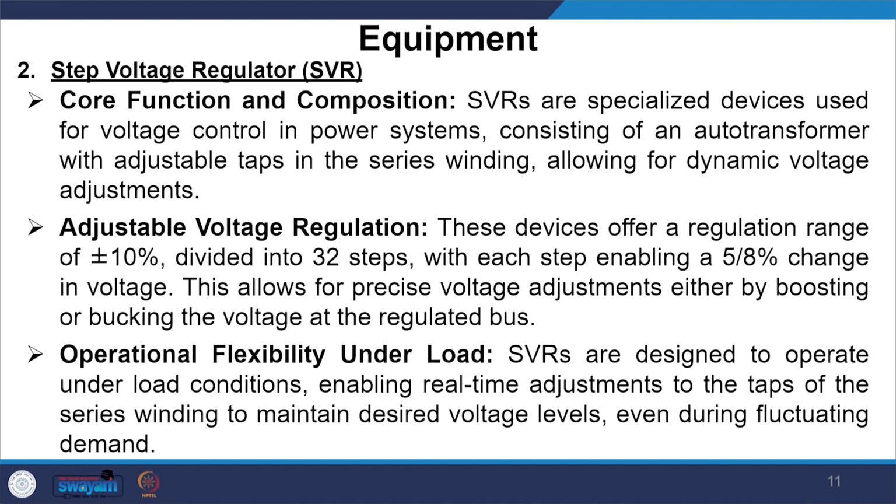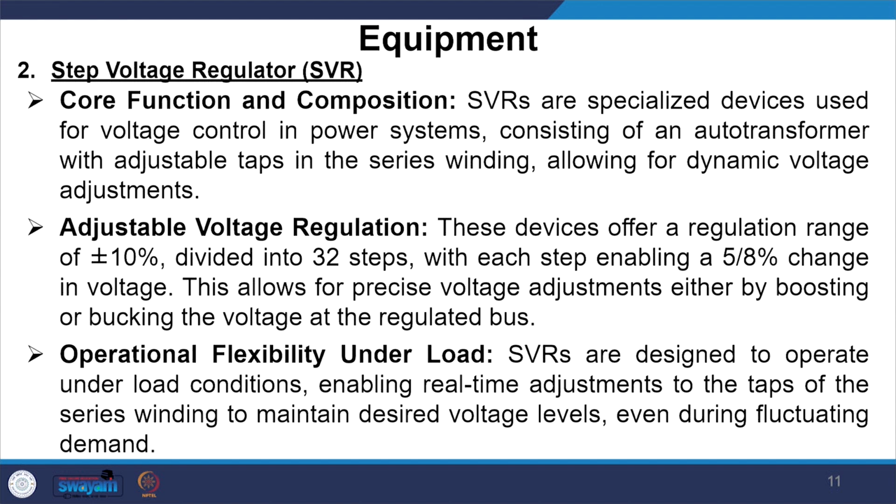Now, these devices offer a regulation range of plus or minus 10%, divided into 32 steps, with each step enabling a 5/8 percentage change in voltage, and probably 5/8 is nothing but your 0.625 percentage that we have discussed earlier.